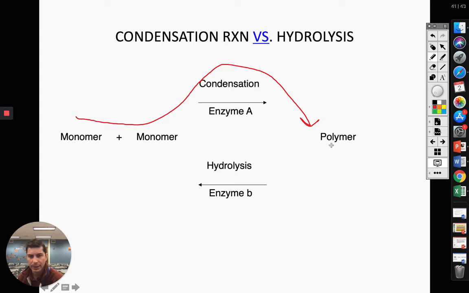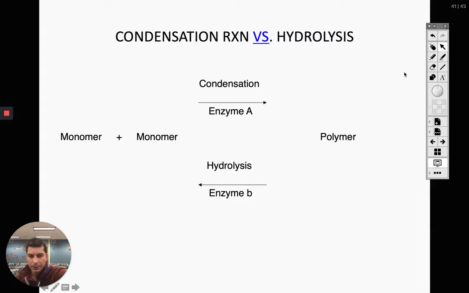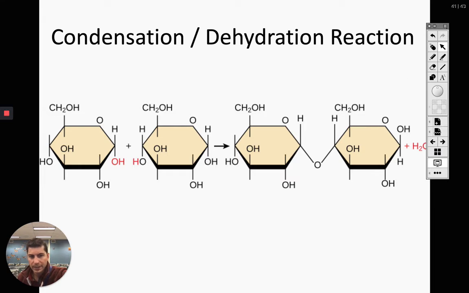The other way, we're going from a polymer to try to split it apart and make monomers. I will show you examples of them, don't worry. We're going to use these reactions throughout the whole chapter. So you need to know the difference between them, and you need to know what is formed in each of these reactions.